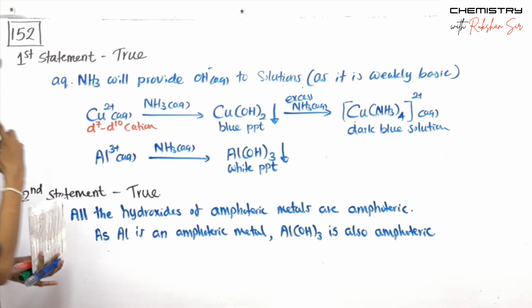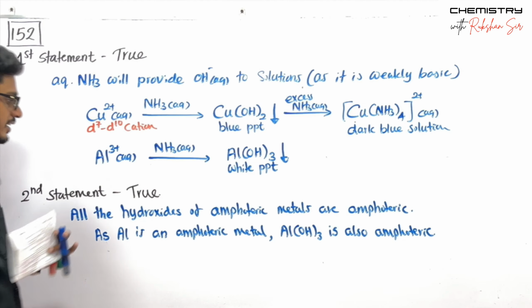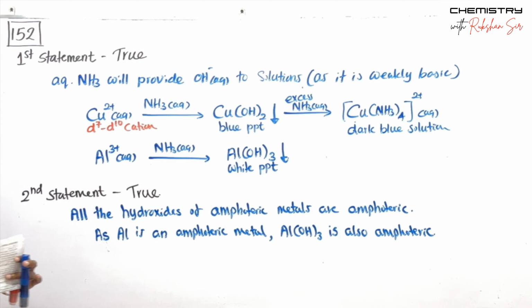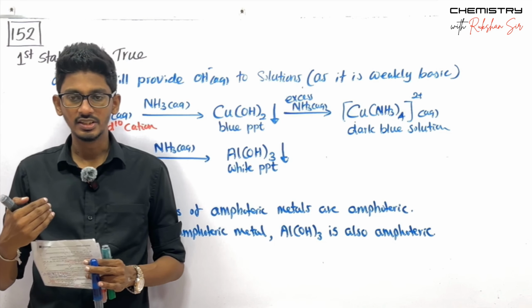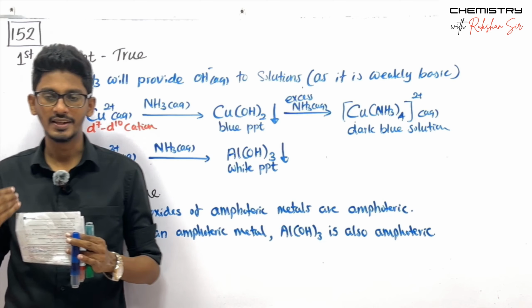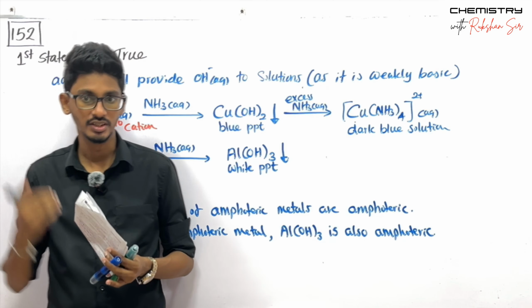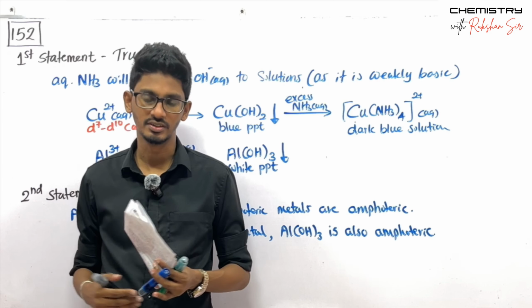But the differentiation of these two is not because of the amphoteric nature, but because of the d7 to d10 nature of the copper 2 plus, right? Ammonia is a reagent which can be used to identify the d7 to d10 cations, not the amphoterics.